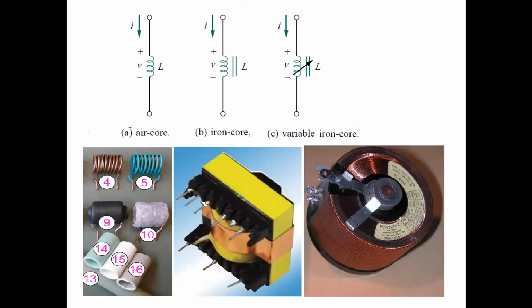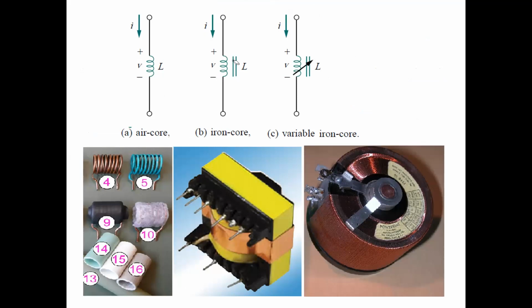So let's move forward. These are the three symbols for different types of inductors. For air core, we use this simple symbol, in which the current enters at the positive terminal of the inductor and leaves at the negative.